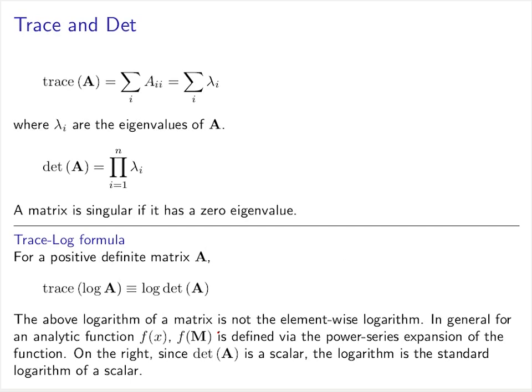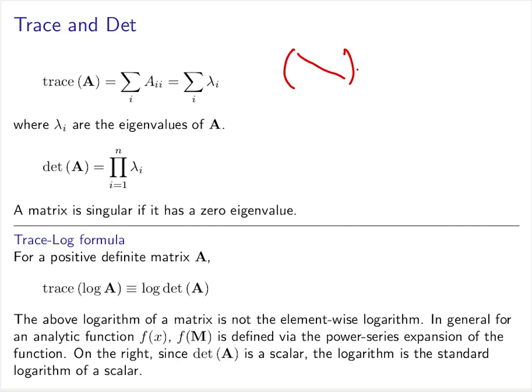We already saw the determinant, and the trace of a matrix is a similar number. The trace of a square matrix A is the sum of its diagonal elements. So if a matrix looks like that, then we add up the diagonal elements. If you know the concept of an eigenvalue, the trace is the sum of its eigenvalues.